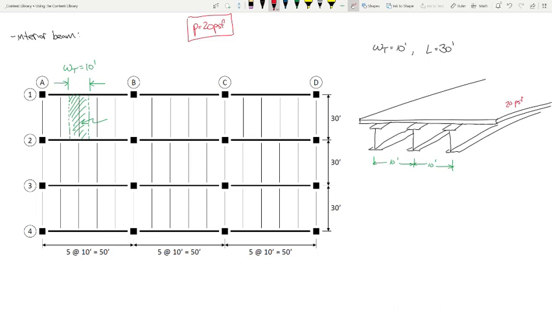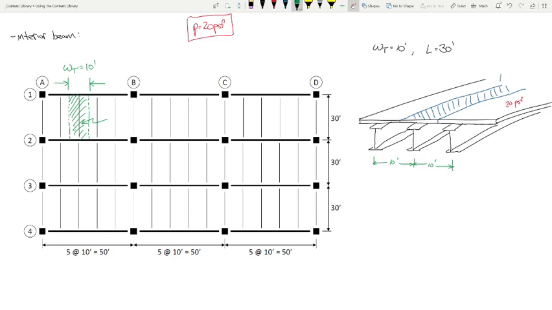Now, if I'm focusing on this middle beam, it is responsible for halfway over, halfway over. That's what this beam is responsible for, right? But that's the tributary width for that beam, okay?